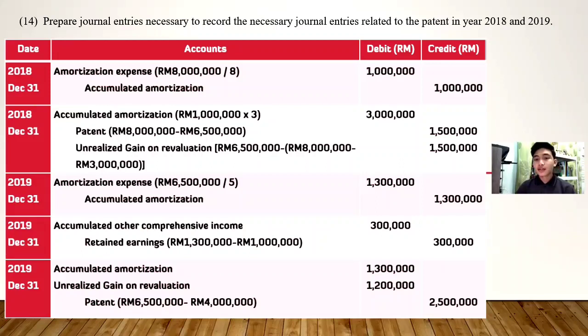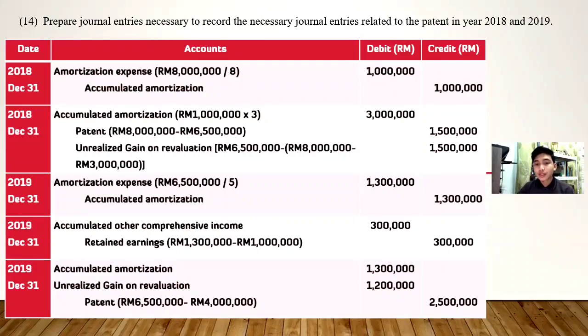Next, 31 December 2019, we debit the accumulated other comprehensive income 300,000, and we credit the retained earnings, which is 1,300,000 minus 1 million, and we get a credit of 300,000.